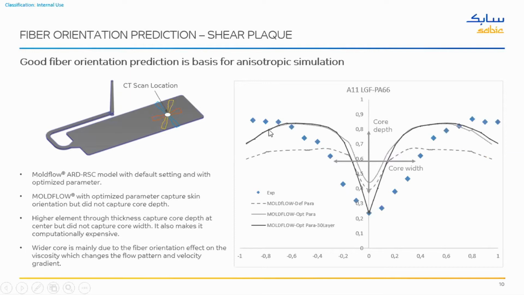So we did some optimization of these parameters. The ARD-RSC parameters mainly consist of the kappa factor, phi, and the B1 to B5 factors. We optimized those factors, and that helped push the skin prediction upward, closer to what we see in the experimental results.